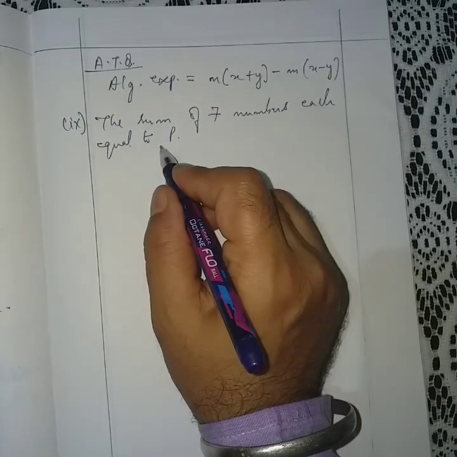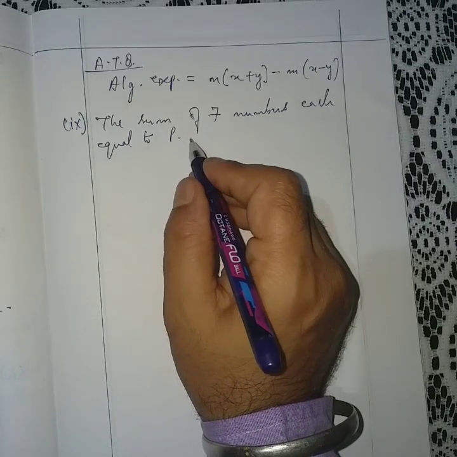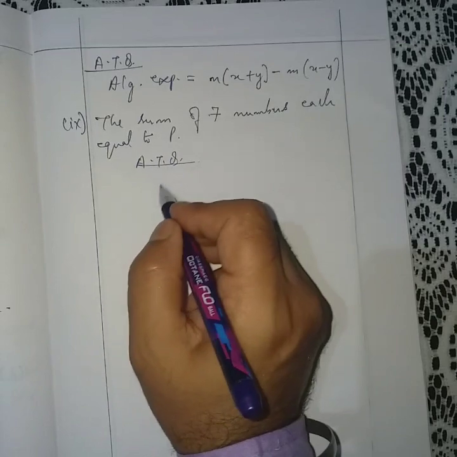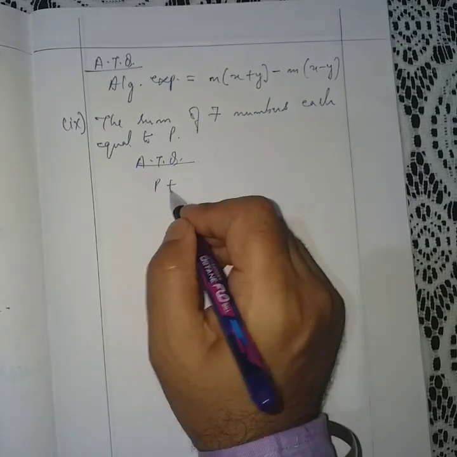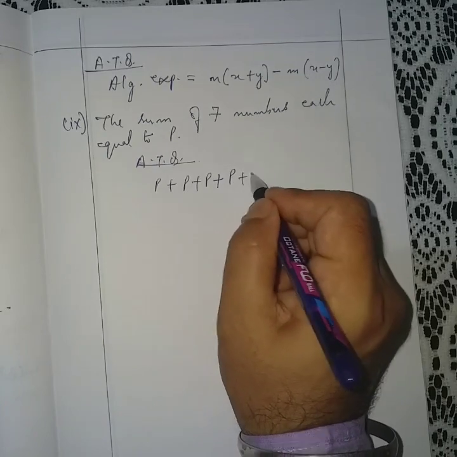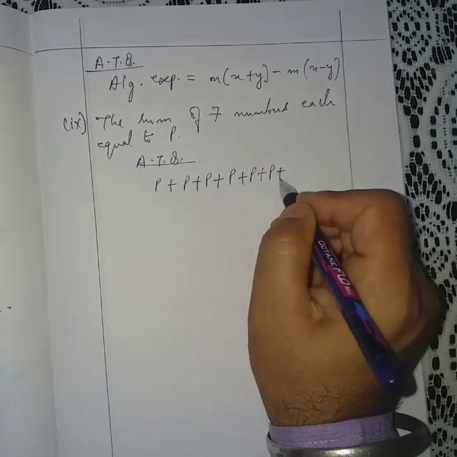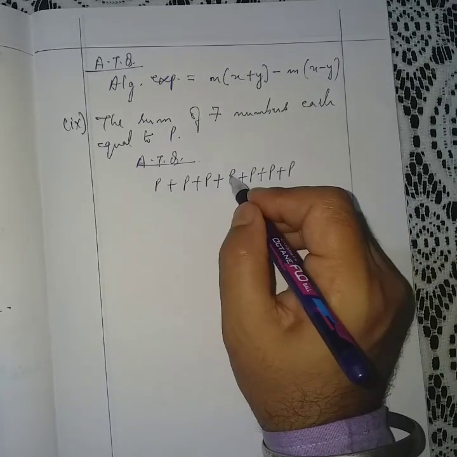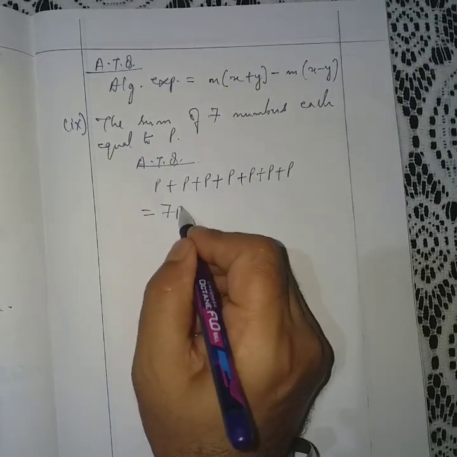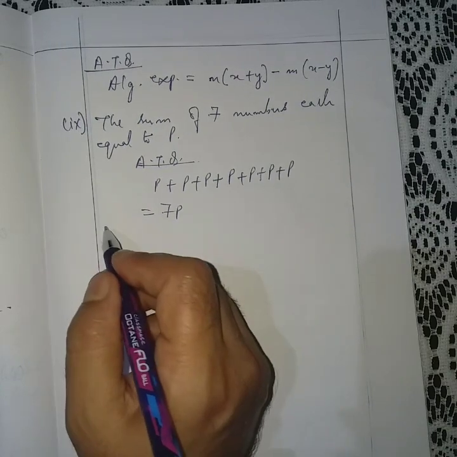That means there are 7 numbers and each is p, and we have to write the sum. So that is p, 1, 2, 3, 4, 5, 6 and 7. So altogether how many p are there? 7p. So this is the algebraic expression.